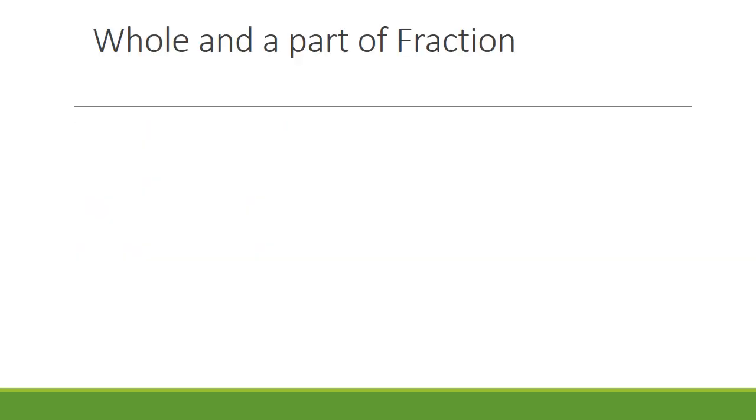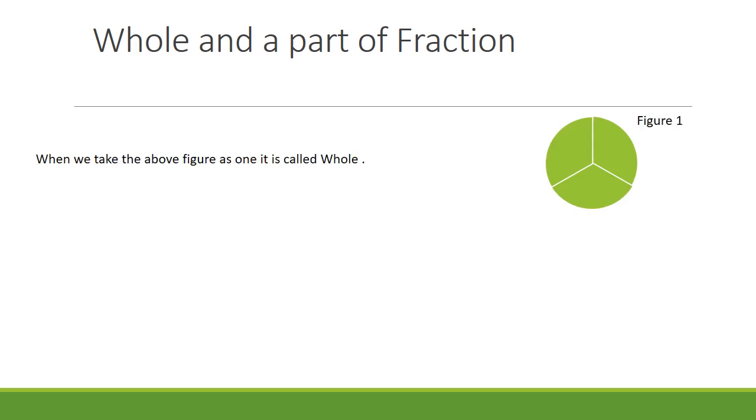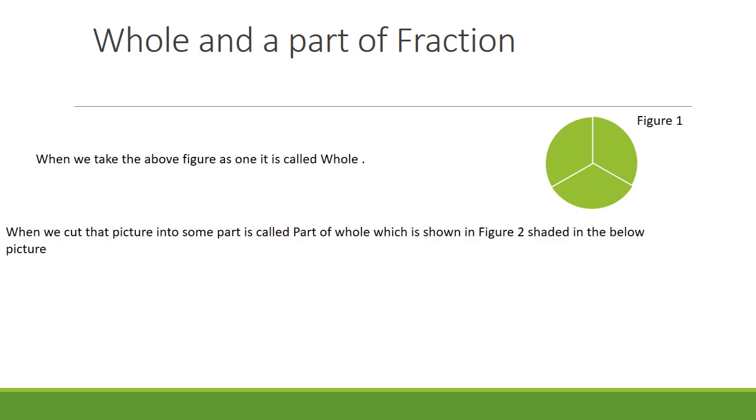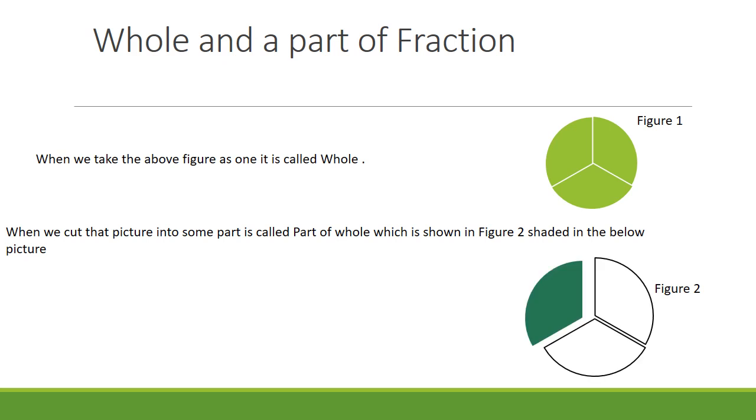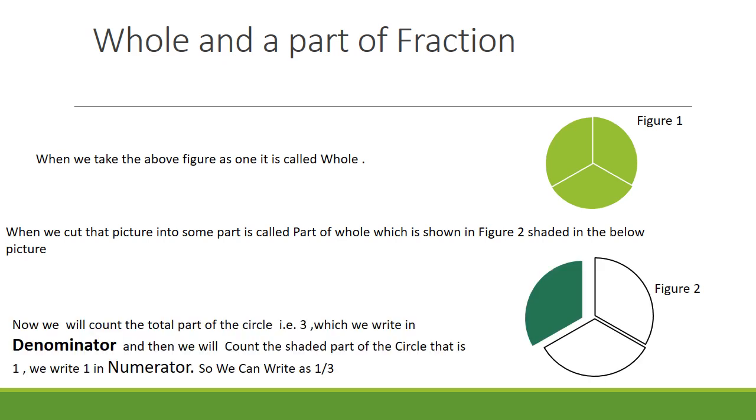Next comes the whole and the part of a fraction. Figure 1 is the whole. When we take the above figure as 1, it is called a whole. When we cut that picture into some parts, that is called part of a whole, which is shown in figure 2, shaded in the below picture.